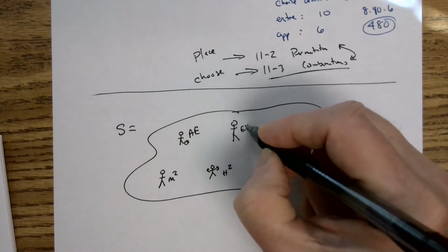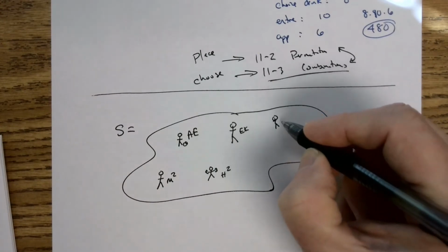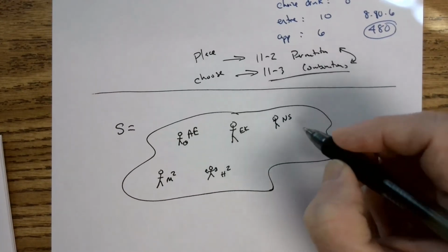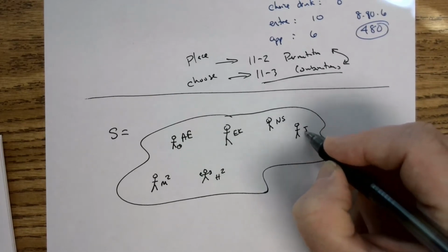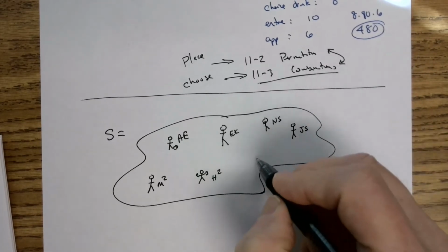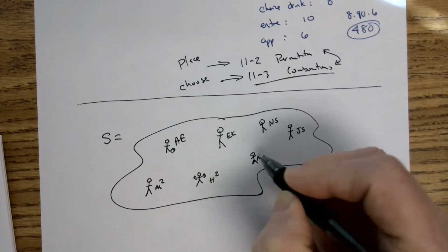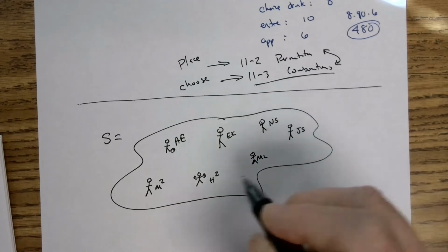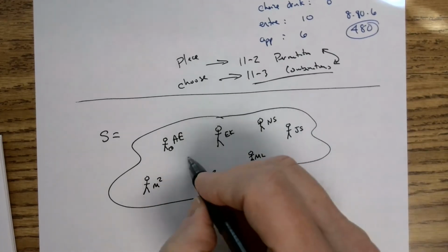There's a person. We're just putting people in here. Put a little volleyball in her hand. 1, 2, 3, 4, 5, 6, 7. I missed somebody. Put right here.